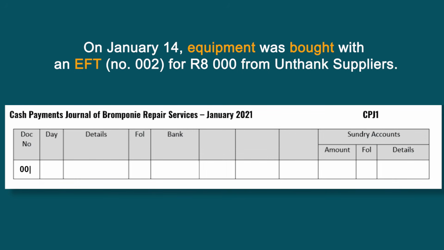Did you get it? EFT 002 as the document number, the day is the 14th, the business is Unthanked Suppliers. The 8,000 Rand should be recorded in the bank and also sundry accounts, with the details: equipment. Okay, let's move over to the next one.